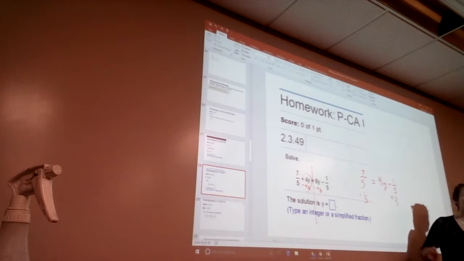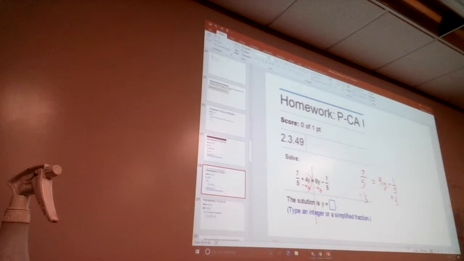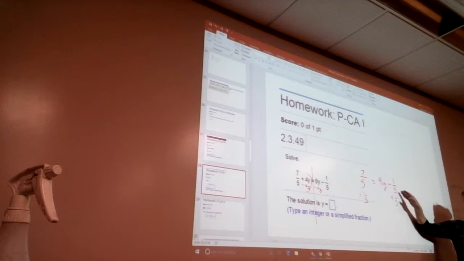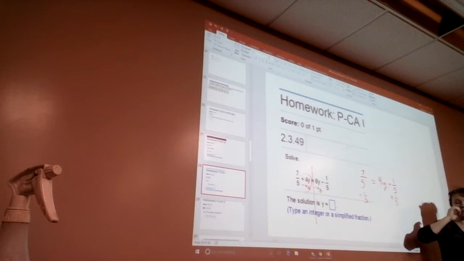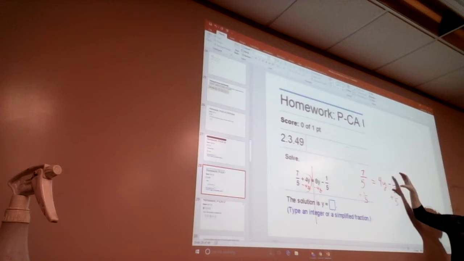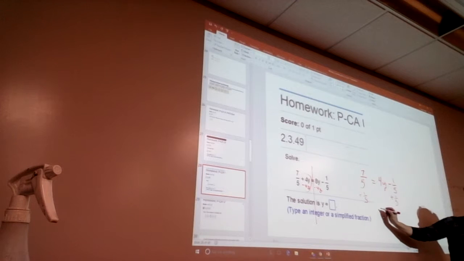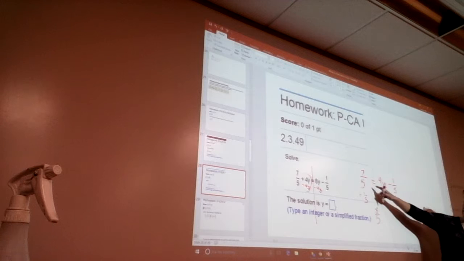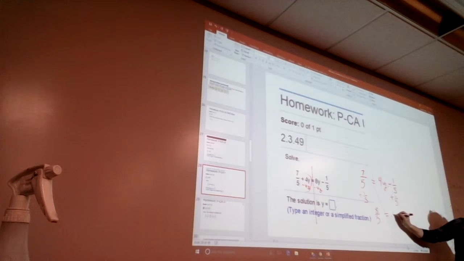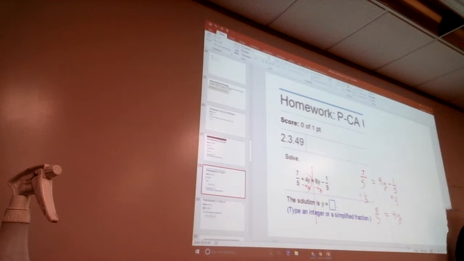And I'll get rid of the fraction in a minute. The fractions don't bug me so much when they're the same denominator. But if you hated it, you could multiply everything by 5 earlier. So now I've got 8/5. My river is curvy. 8/5 on the left, and on the right, 4y.